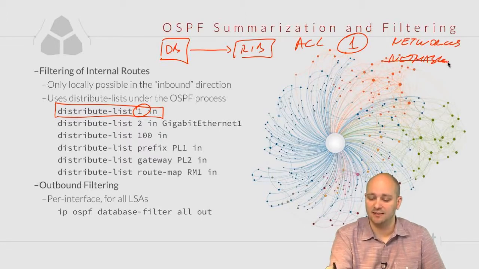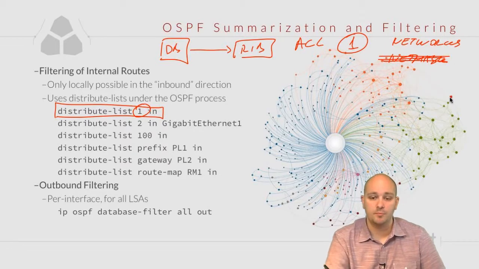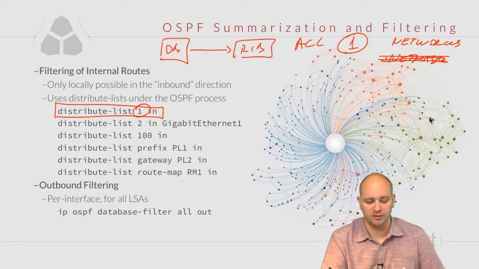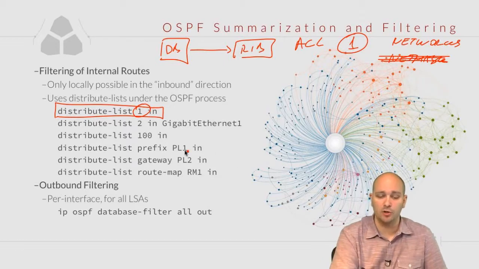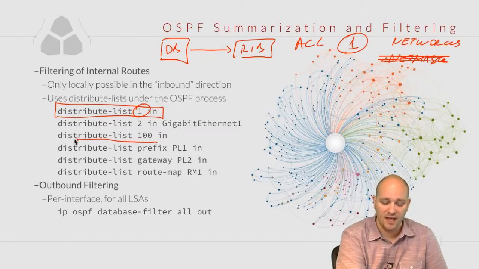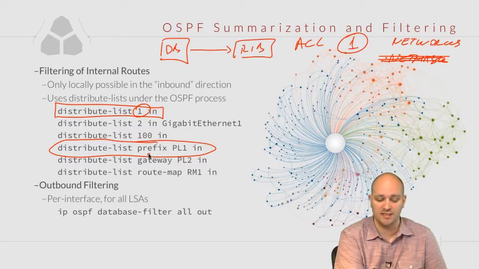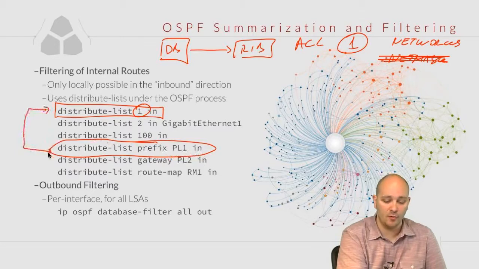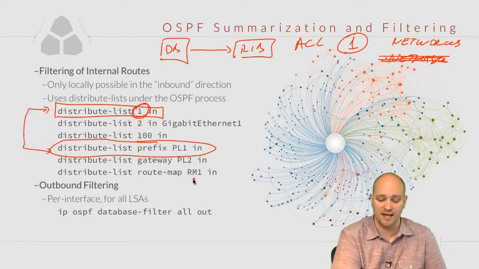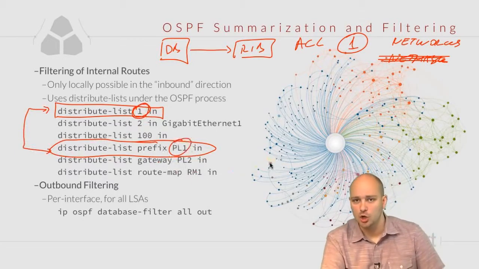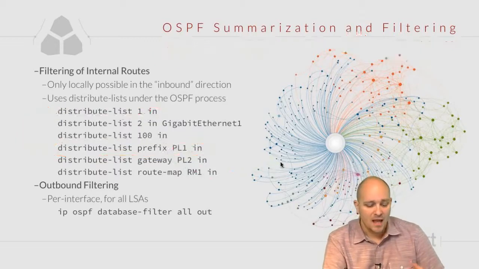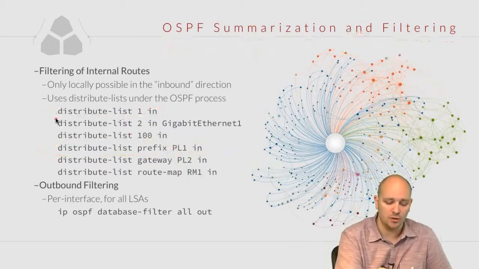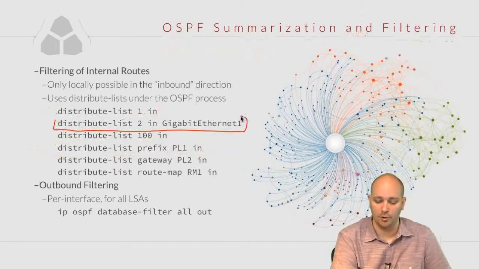So with access lists, filtering on the net mask, the prefix length, is not possible. If we wanted to match specific prefixes, we would use, for example, this syntax here. We would use distribute-list prefix PL1 in. These two are roughly equivalent, except that this one uses an ACL and this one uses the prefix list.